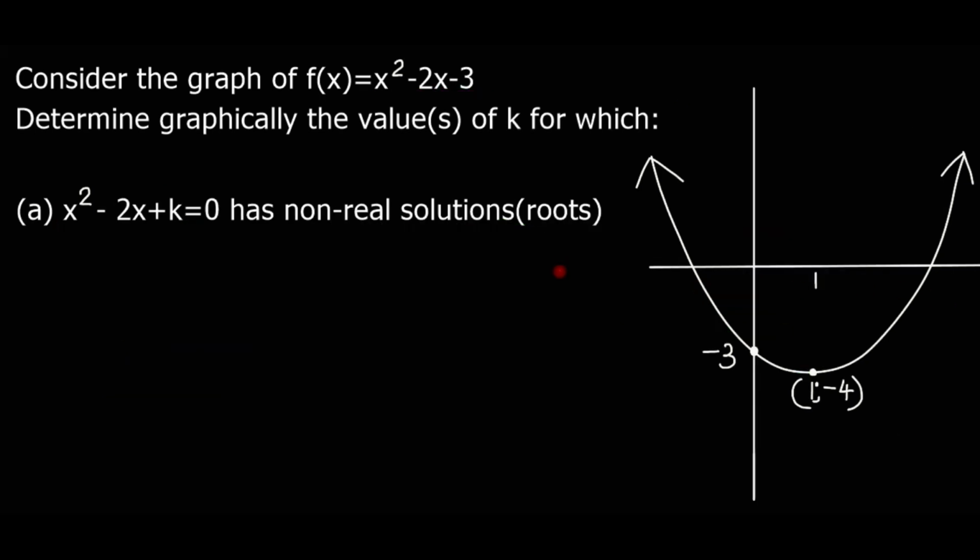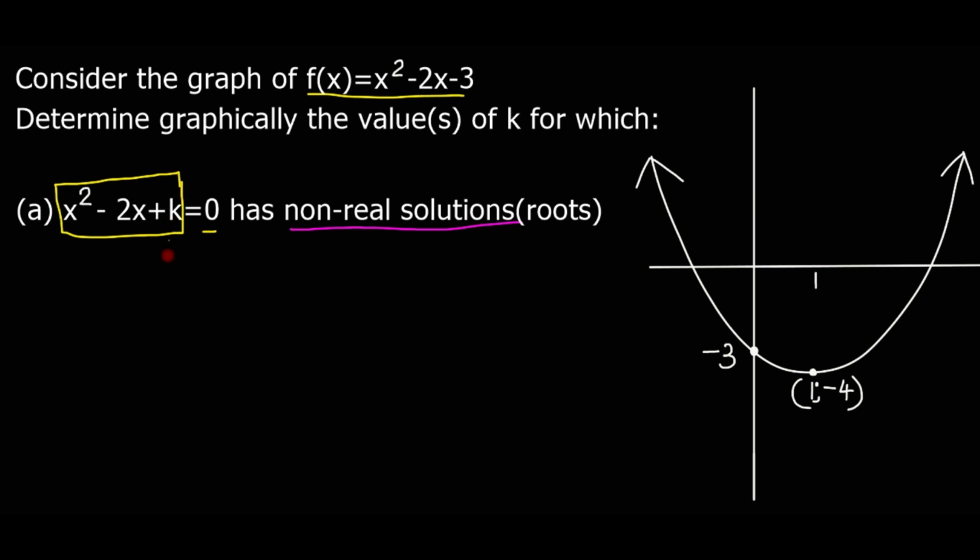And then, similarly, the same graph but a different question. Determine graphically the value or the values of k for which x squared minus 2x plus k is equal to 0 has non-real solutions. So normally f of x once again, and they are saying equals to 0.